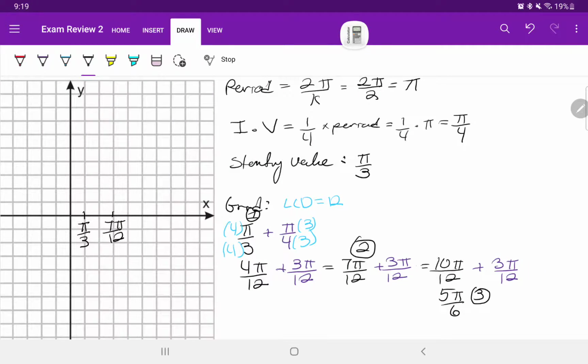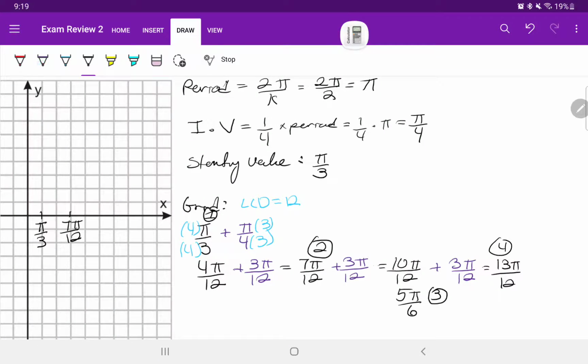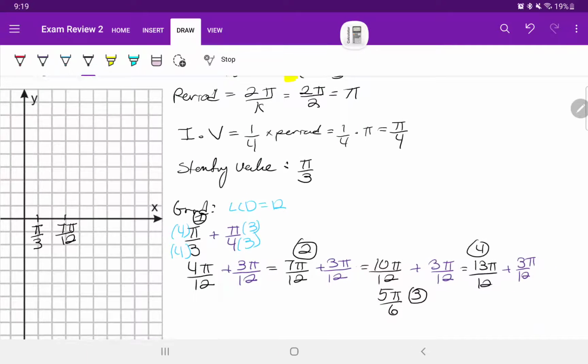That is going to be 13 pi over 12. Add one more 3 pi over 12. That's going to equal 16 pi over 12, which reduces to 4 pi over 3. Let's add the next ones.